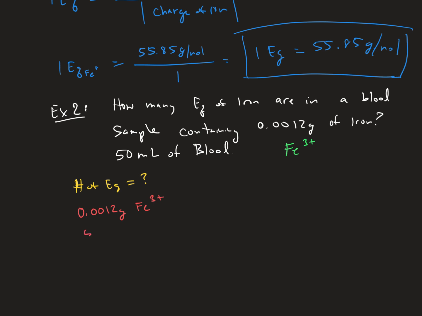And we know we have 50 milliliters of blood. What's another name for blood in this example? Is it a solvent, solute, or solution? It's a solution, right? Because iron is inside. It's mixed in it, right? And there's just a little bit of iron, so this is going to be a low concentration. You with me? Okay.